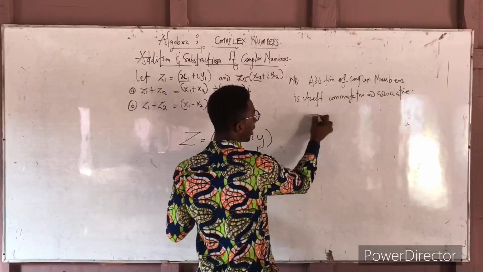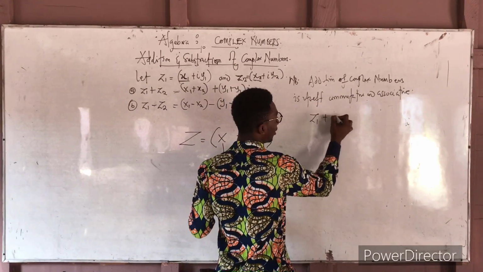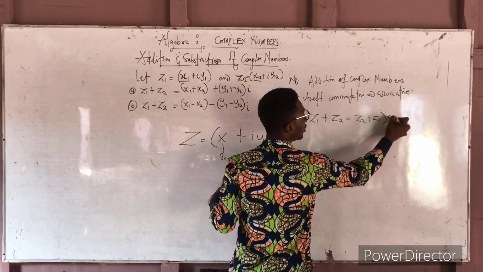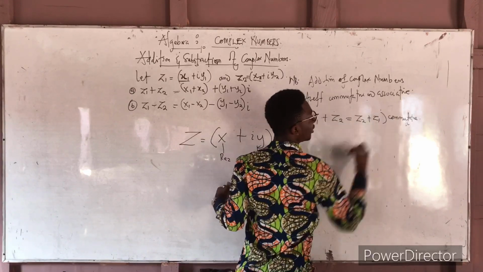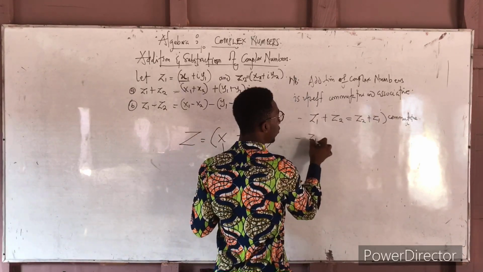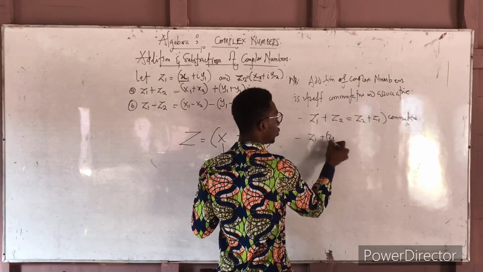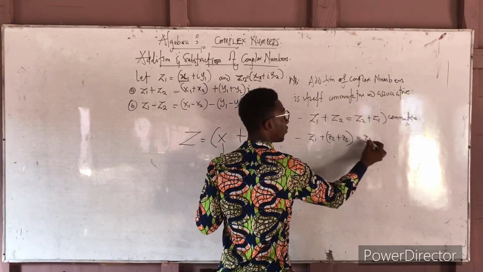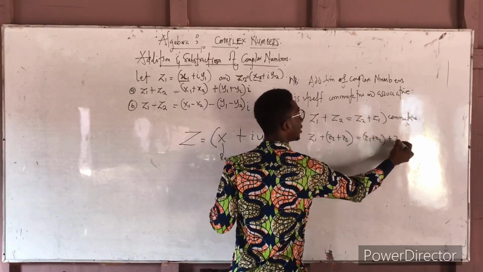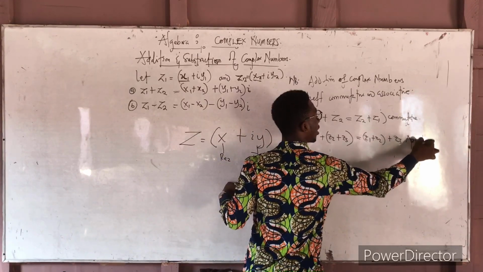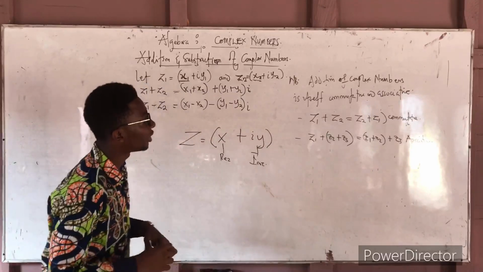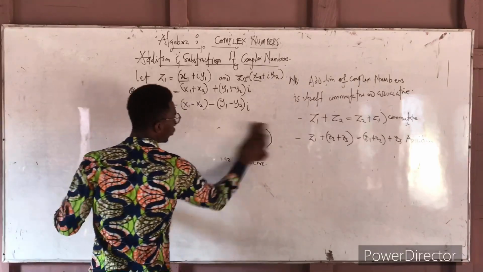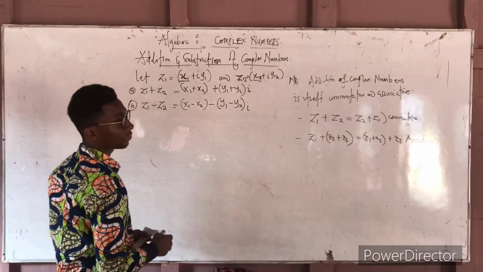If you have a complex number z1 plus another complex number z2, it is the same as z2 plus z1. This is commutative. Also, z1 plus z2 plus z3 is the same as z1 plus z2 in brackets plus z3, and this is associative. So addition of complex numbers is commutative and associative. Now let's take one or two examples under addition and subtraction of complex numbers.